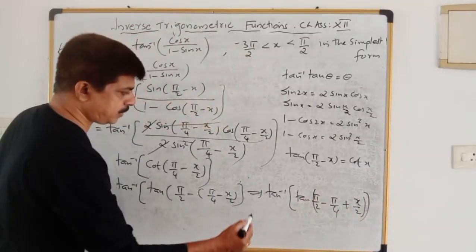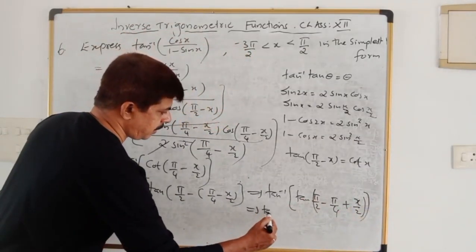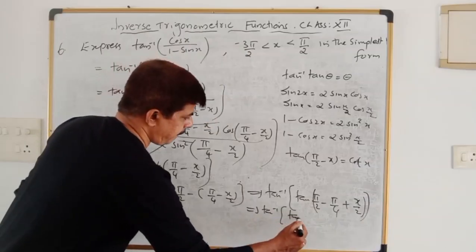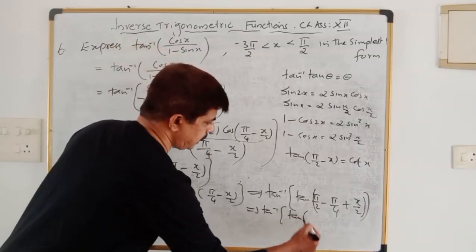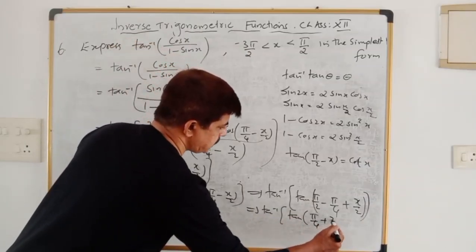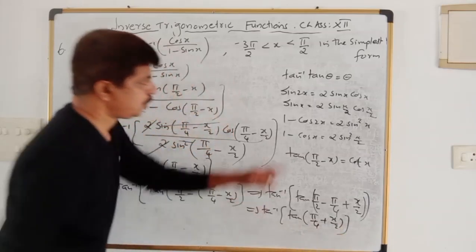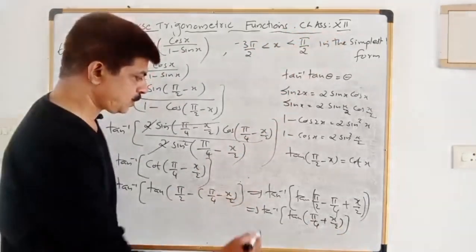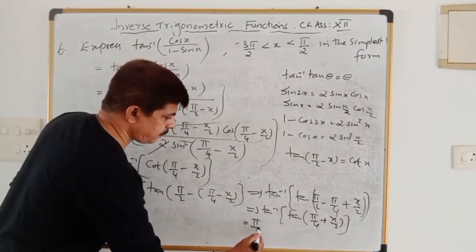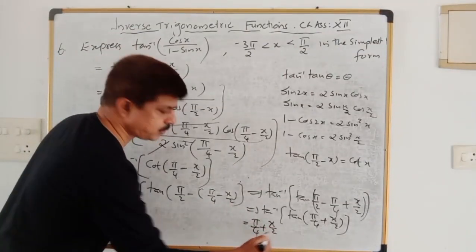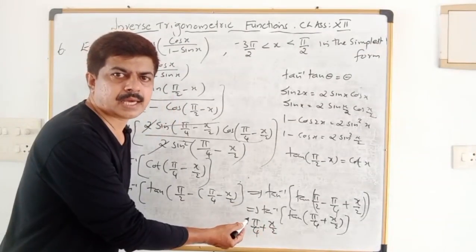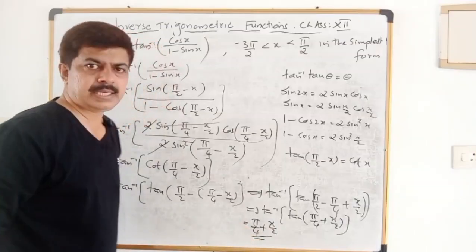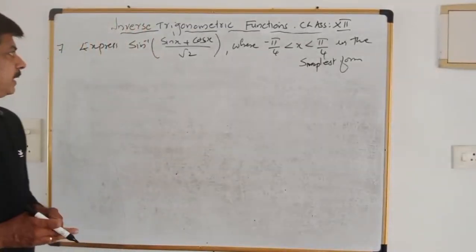So what is pi by 2 minus pi by 4? It is pi by 4, plus x by 2. So we can easily substitute: tan inverse of tan theta is theta. So what is our answer? Pi by 4 plus x by 2. Pi by 4 plus x by 2 is the answer. Is it clear? Okay, we have the next question.